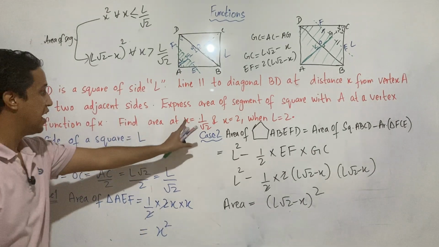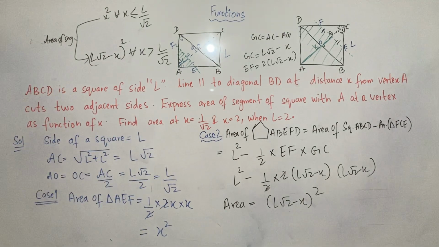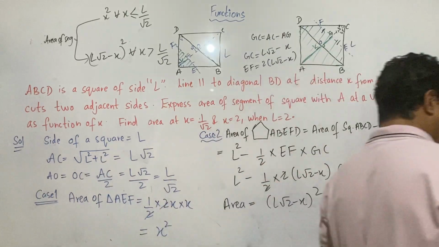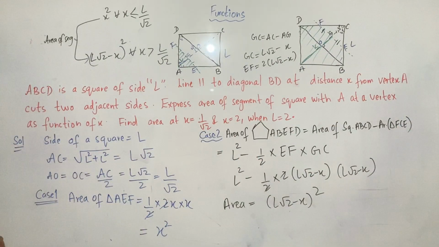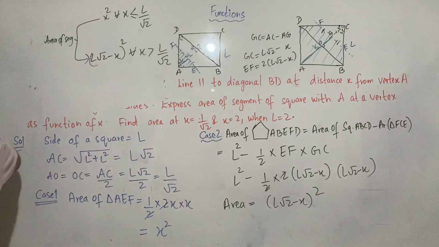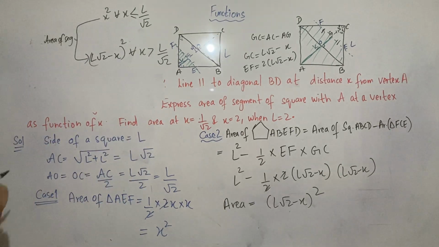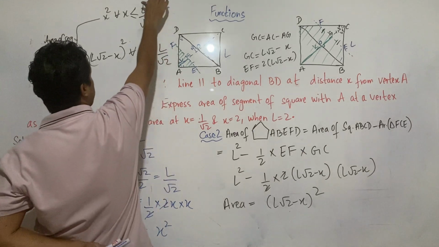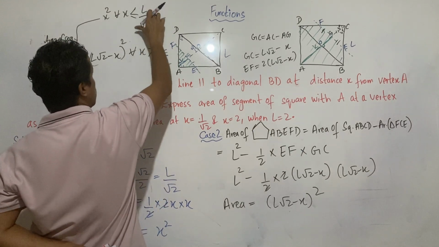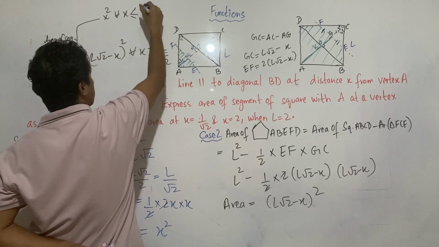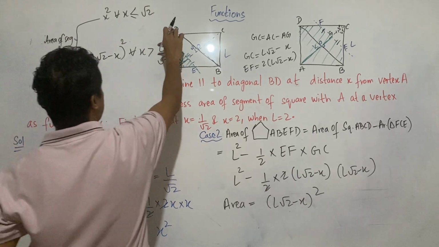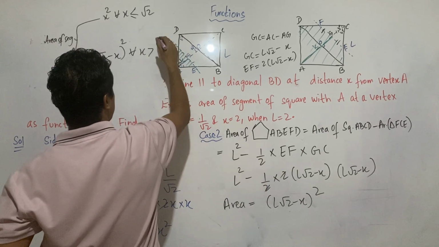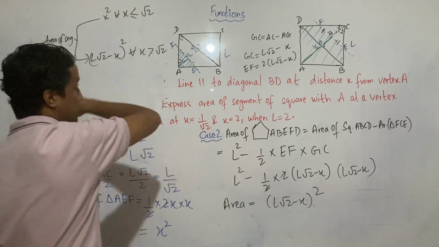Now we have to find area at x equal to 1 by root 2 and x equal to 2 when L is 2. So when your L is 2, if you put L as 2, this is going to be your root 2, and here 2 is greater than root 2, right?